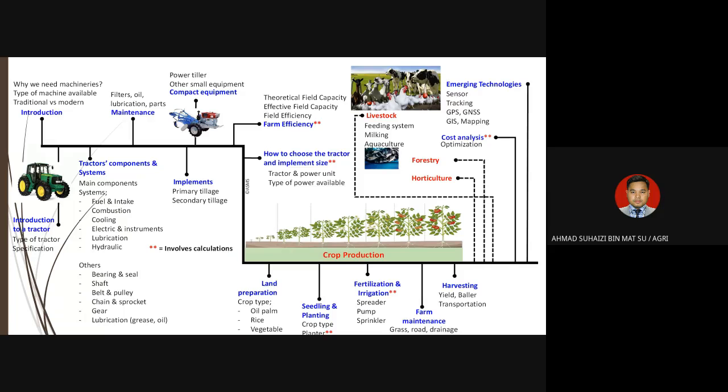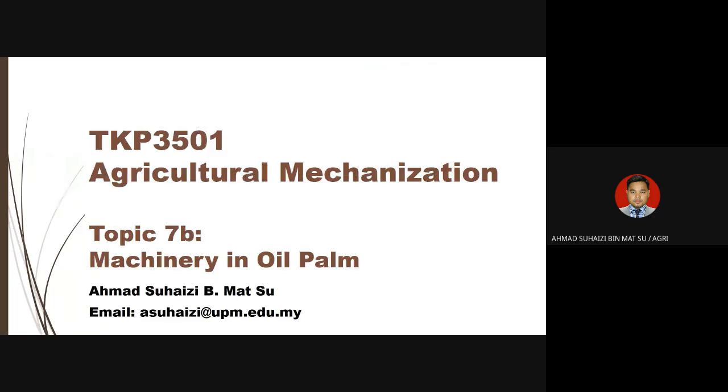All right. This topic is under crop production, especially for oil palm. We'll cover some of the basic requirements and also a few examples of the machinery used in oil palm production.